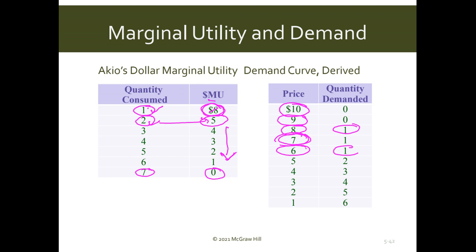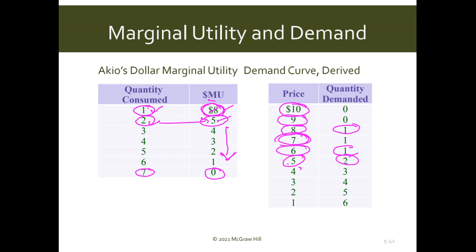When the price is $5, you are happy to buy 2 apples. Why 2 apples? Because the first apple is $8, not bad, and the second apple is 5, which is exactly equal to 5. You are still getting as much as you spend, and therefore you will demand 2 apples. So quantity demanded will be 2.